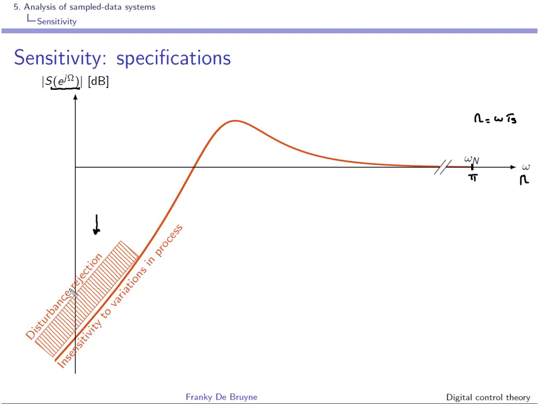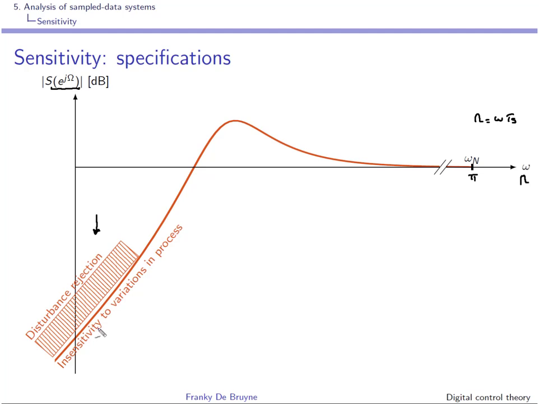This is output disturbance rejection, and this will make the closed loop system, the one that you have in the tracking problem, but also the one that you have in the load disturbance problem. Load disturbances are disturbances at the input.